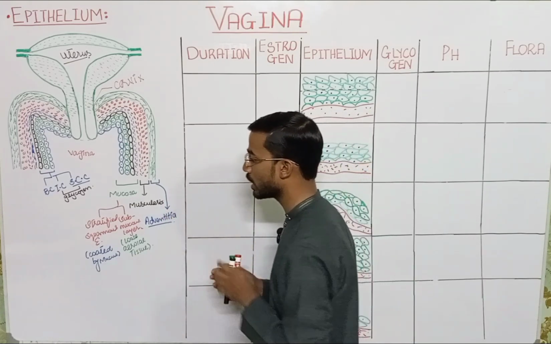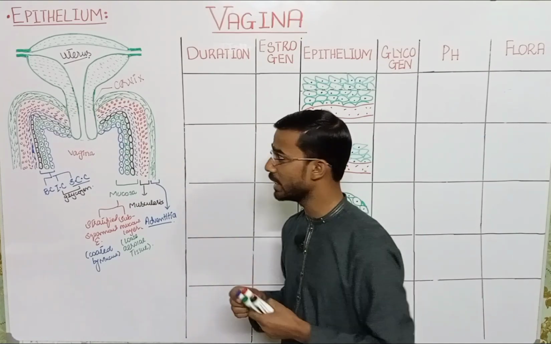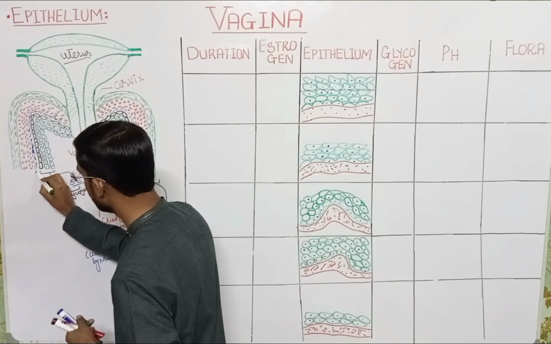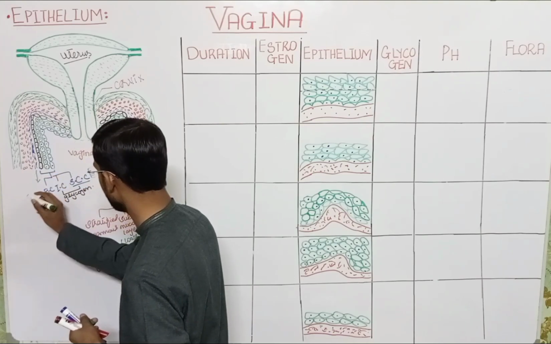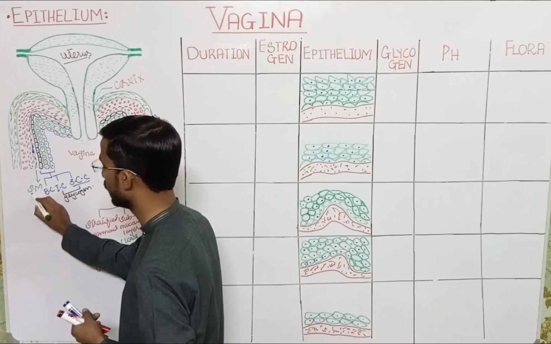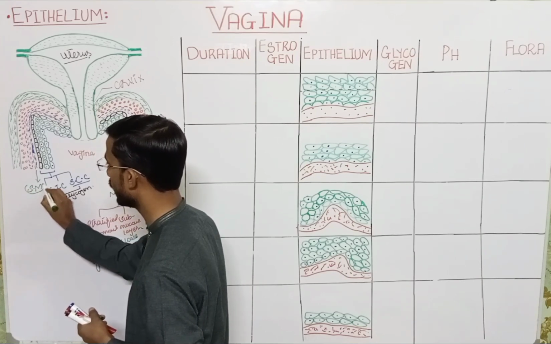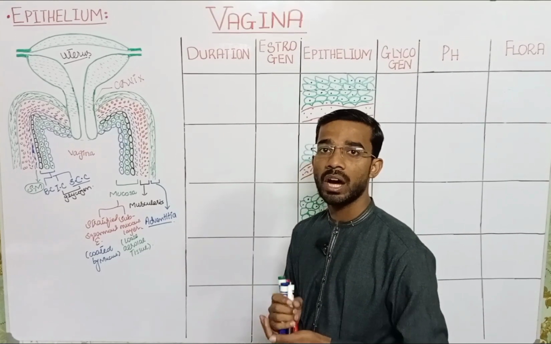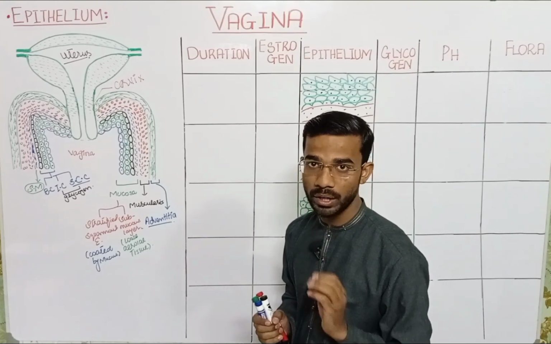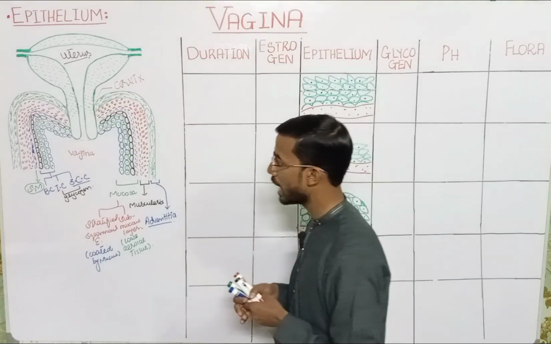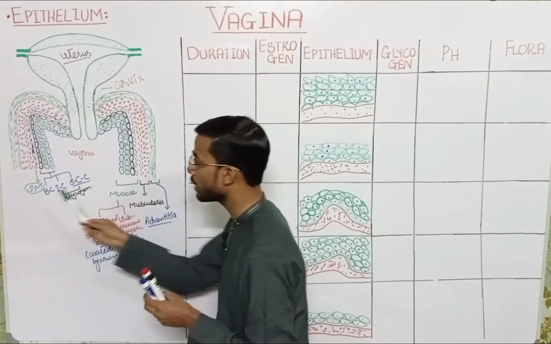Next is the submucous layer, and here you will see this portion is the submucous layer. It is composed of loose areolar tissues and contains the blood vessels. Why do we call it submucous?